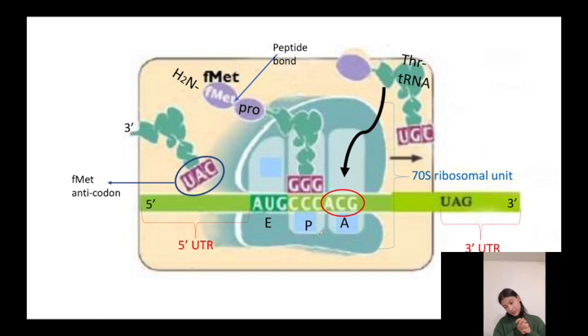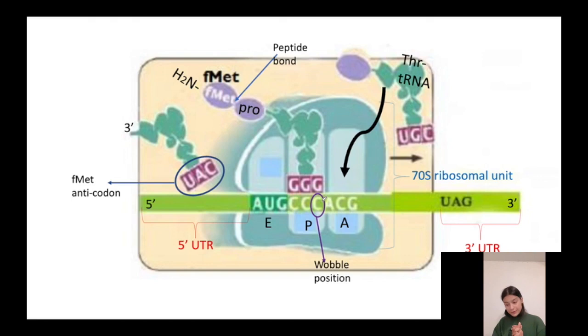And the wobble position is a position that can carry different nucleotides, but that will still attach to the same tRNA that carries a specific amino acid. So the wobble position, if we look at our arrival site, it will be this one, which is the last letter of a codon that's nearest to the 3' end of the messenger RNA.